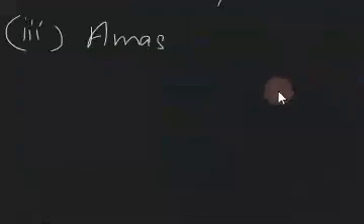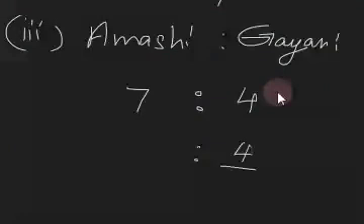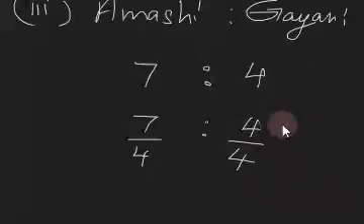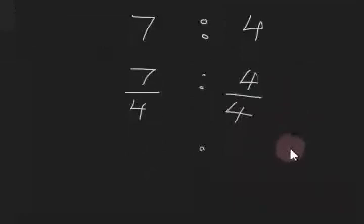Part 3. Amashi to Gayani, 7 to 4. This time Gayani runs 4 meters, so I divide both sides by 4 to make Gayani's distance 1 meter. Here we get 7 over 4.